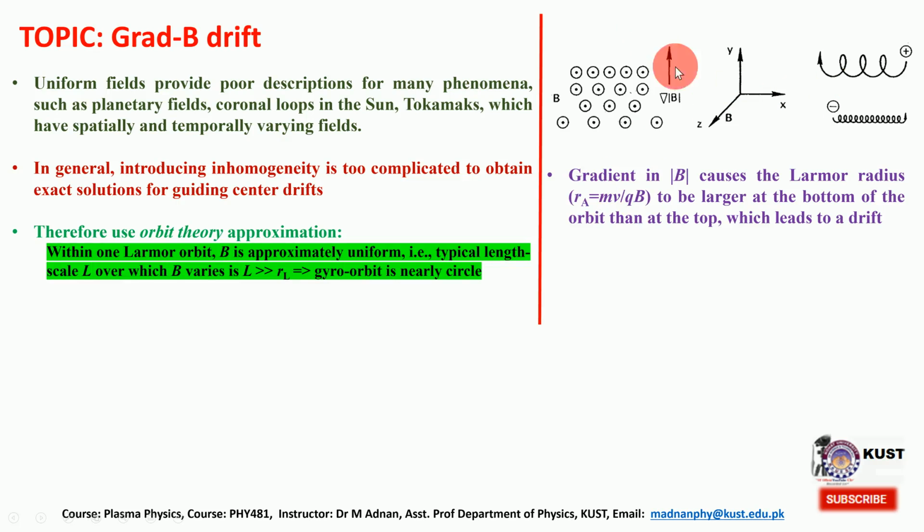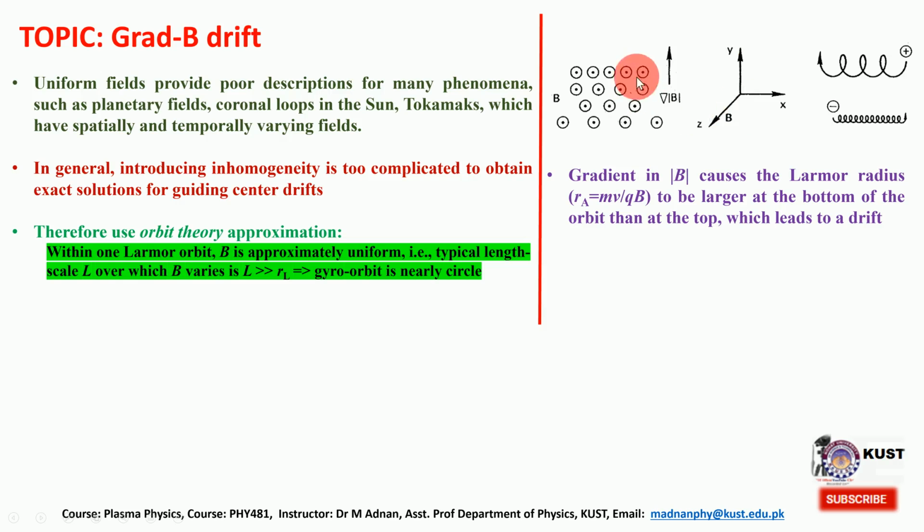So when the charged particle is moving in one gyro orbit, as it is moving up along the y coordinate, since the magnetic field is applied along z, the charged particle will be orbiting that field line, and it will move in the xy plane.